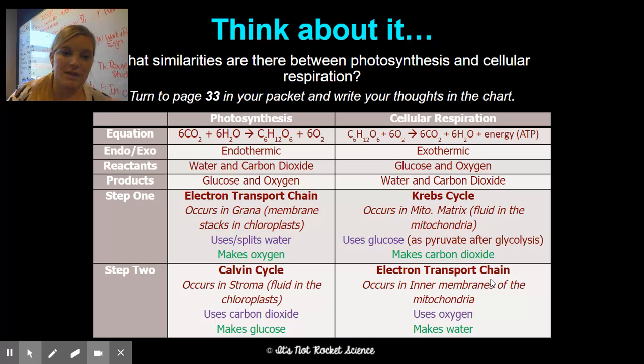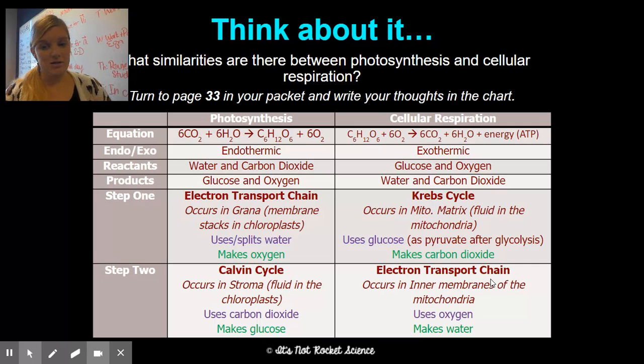So the first step in photosynthesis was our electron transport chain, which is in the grana, which is our pancake stacks, and we're splitting up water and making oxygen. And then we go to the Calvin cycle in photosynthesis, which is in the fluid, which is the syrup of the chloroplast, and we're using carbon dioxide to make sugar. So from the Calvin cycle, we've created sugar. The Krebs cycle is the start of cellular respiration.